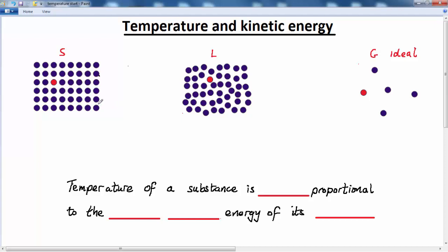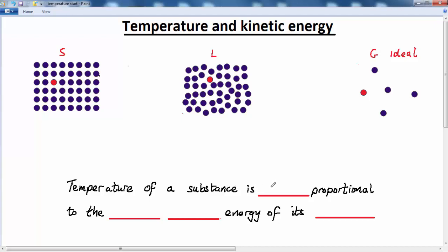Now I don't want to go too far down this line. What is important here is we understand that the temperature of a substance or an object is directly proportional to the kinetic energy of the particles that constitute that substance, whether it's a solid, liquid or a gas. So let's just fill in this statement.